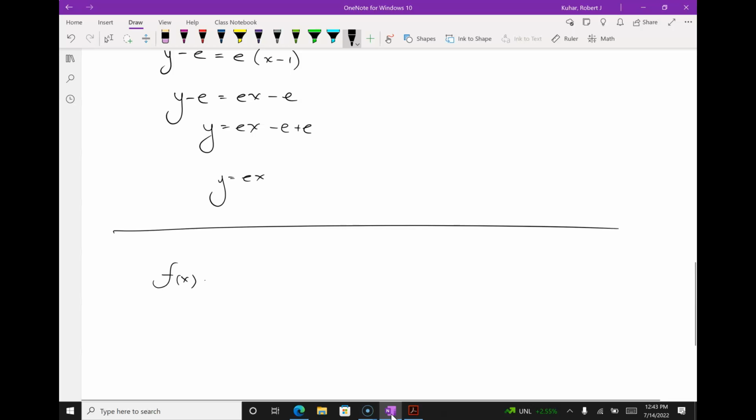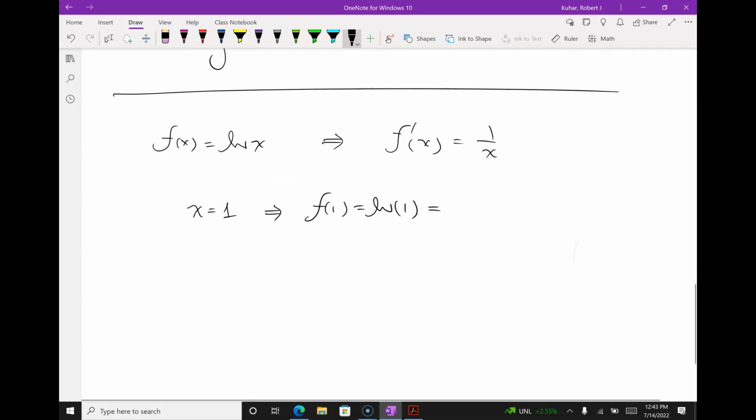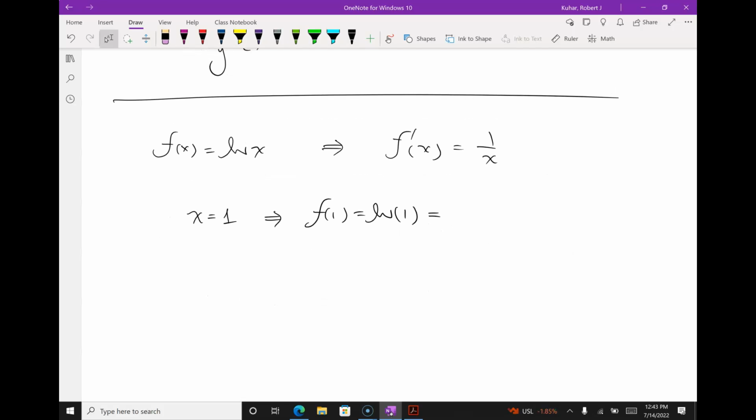If f of x is ln of x, what do we say f prime was? 1 over x. Beautiful. Let's look at the point. When x is 1, I get f of 1, which is ln of 1, which is what? Yep, 0.